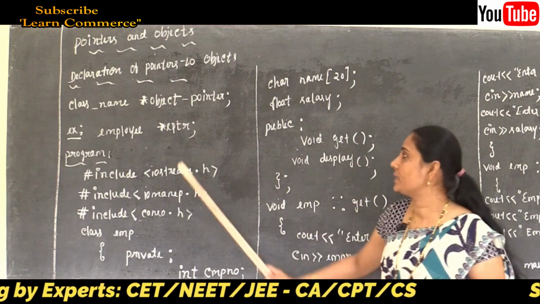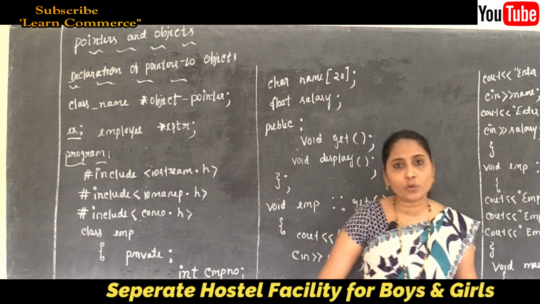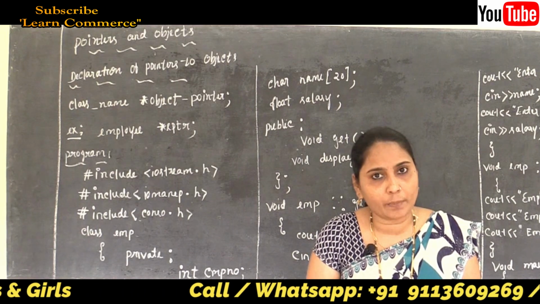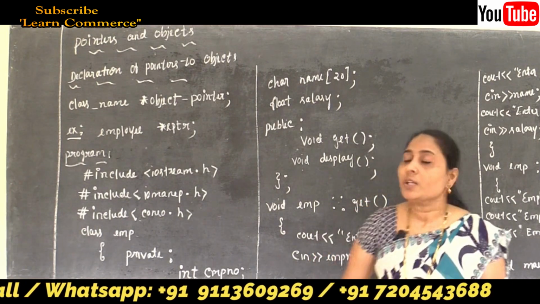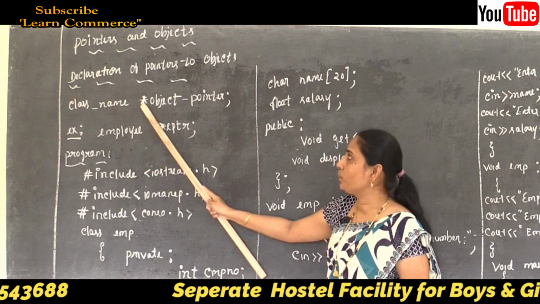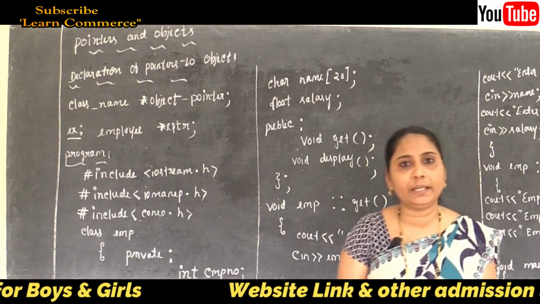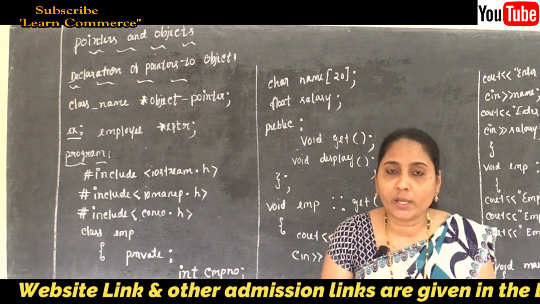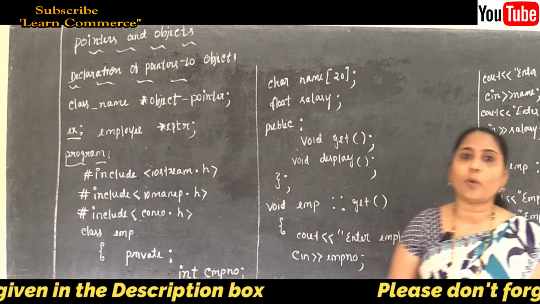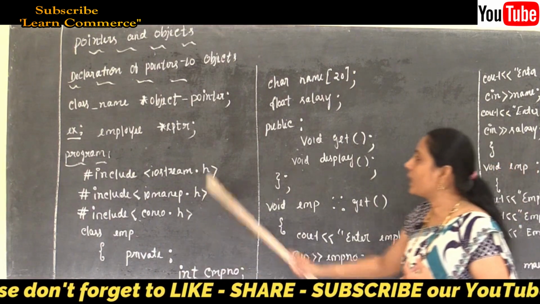In the example, the class name is Employee, so Employee *EPTR, where Employee is the already defined class, and EPTR is the pointer to an object of this class type.